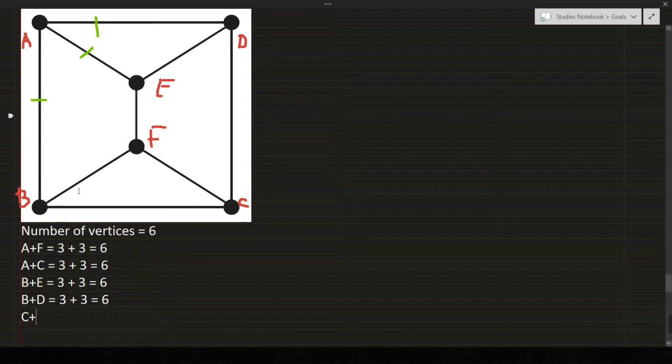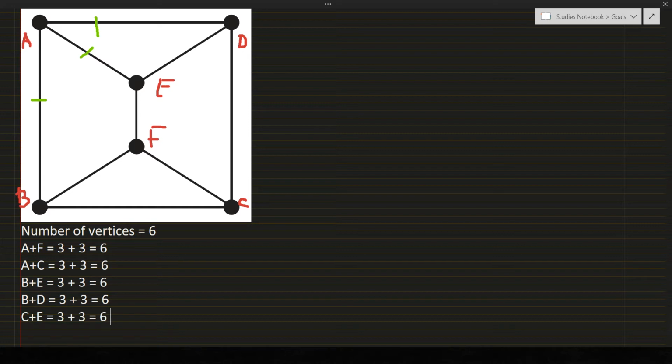So the non-adjacent pair is letter E. A plus C and C plus A are just the same. The sum will be the same. So we include C plus E. So how many degrees for C? 3 also. E, 3 gives us 6.